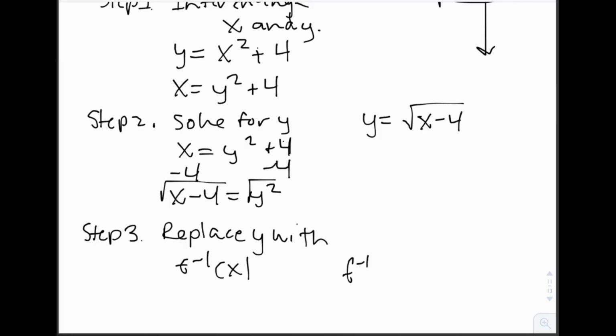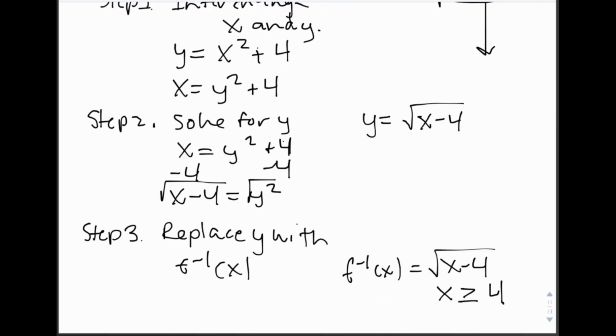So f inverse of x is equal to the square root of x minus 4. And again, inside of our square root here, we want x to be greater than or equal to positive 4, because if we have it less than, that would get us a negative under our square root, and we don't necessarily want that.